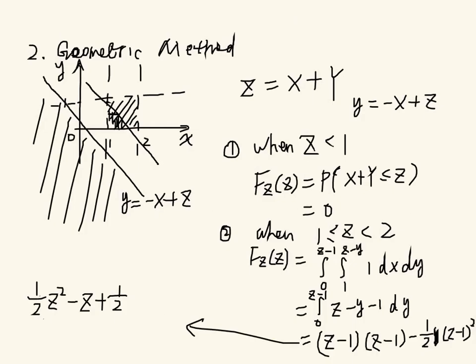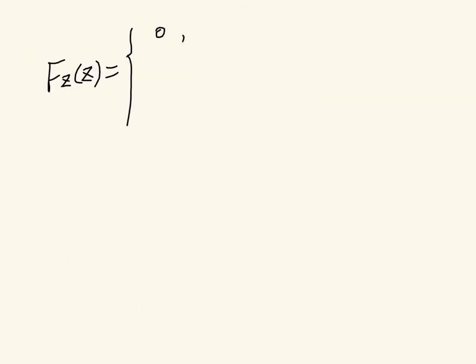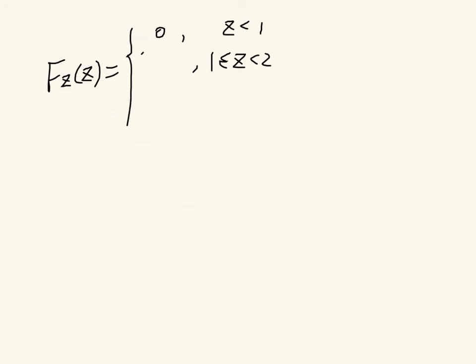So in conclusion, we have F of z, the CDF of z, is equal to 0 when z is less than 1. When z is between 1 and 2, it will be 1 over 2 z squared minus z plus 1 over 2.